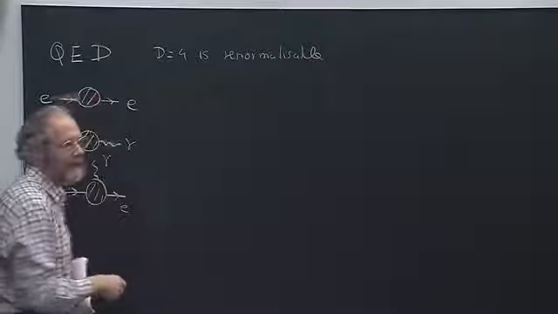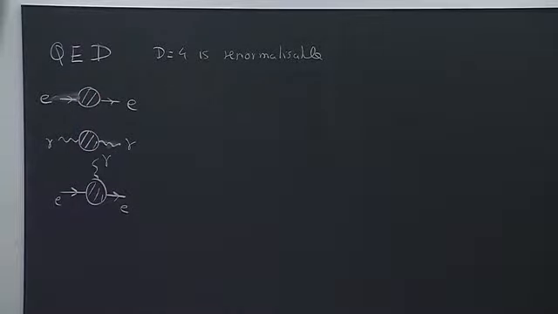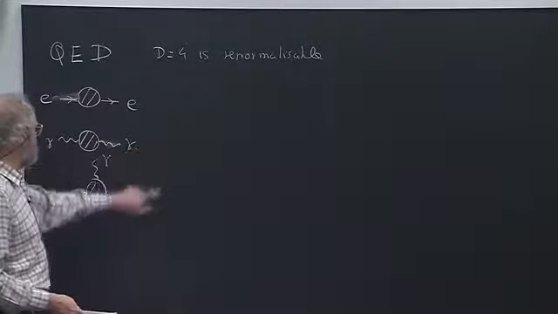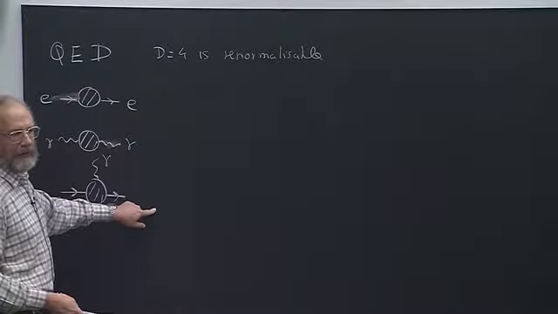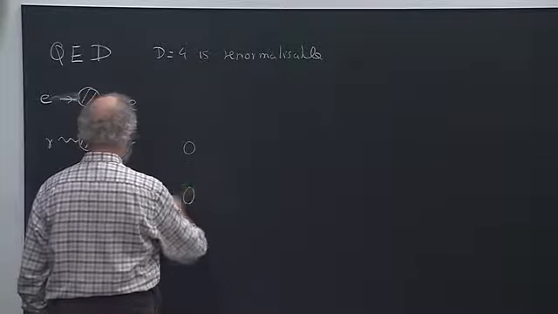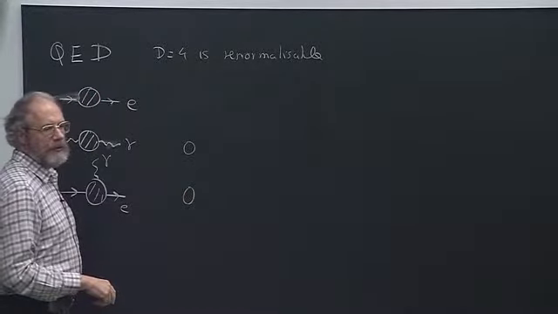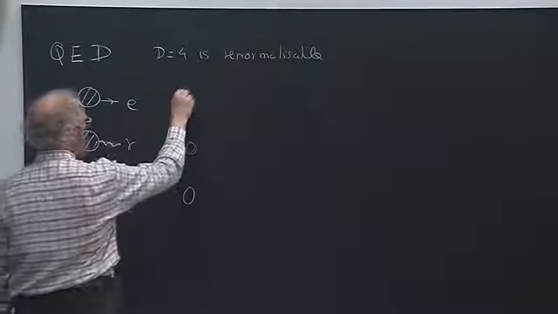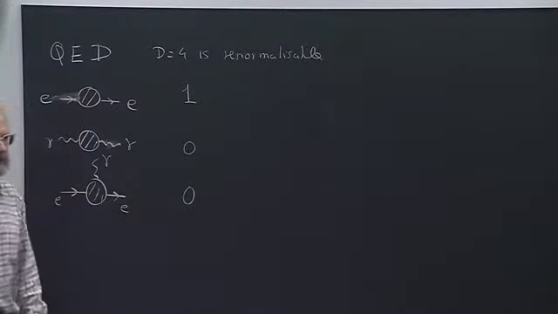But in 6 dimensions or 5 dimensions, it won't be. And these diagrams have degrees of divergence 0, I think, omega equals 0. This is 0, and this one has dimension 1, because it corresponds to a normalization of the mass.